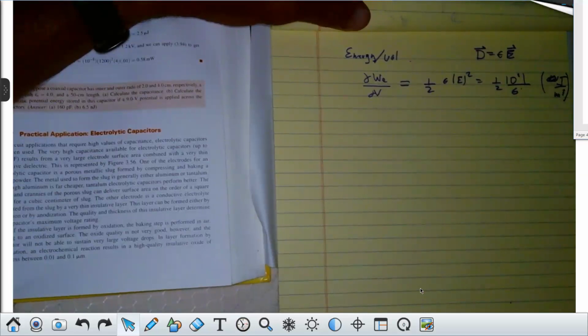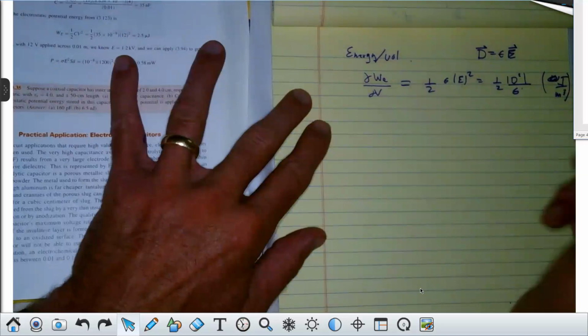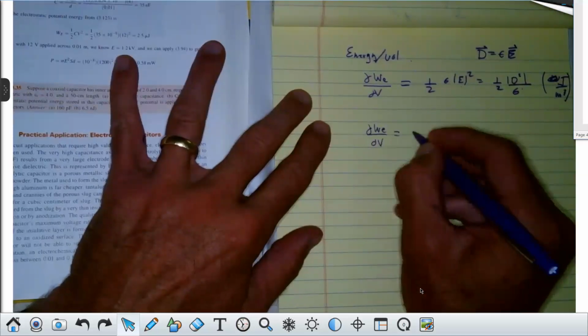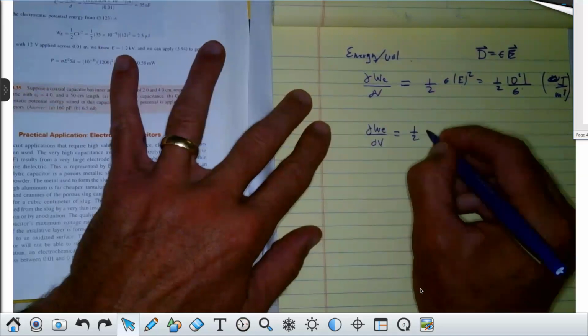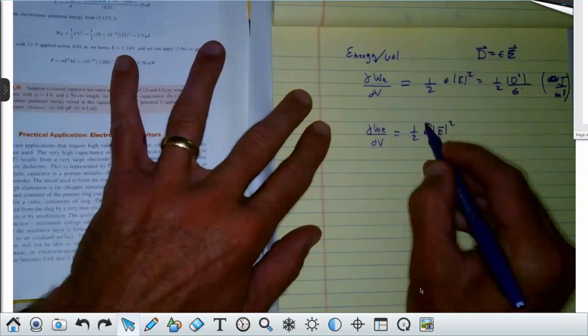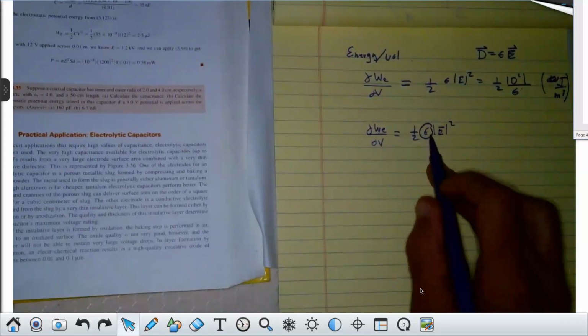Now this is energy, and here's what I want you to take from it. If you take a look at the differential energy per unit volume, right here, it's equal to 1/2 times epsilon E squared. And you can see that the amount of energy a material can hold is linearly proportional to epsilon. If you just have epsilon naught, or a vacuum, you have 1/2 epsilon naught E squared.